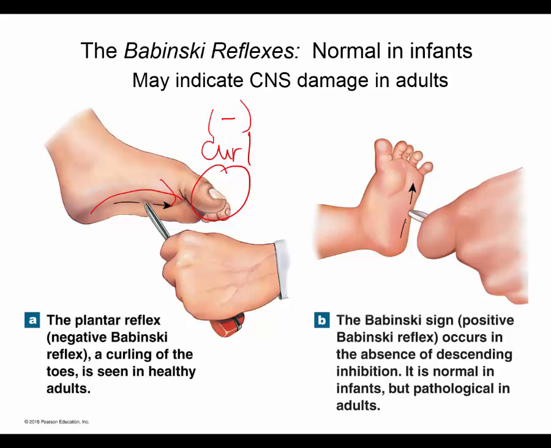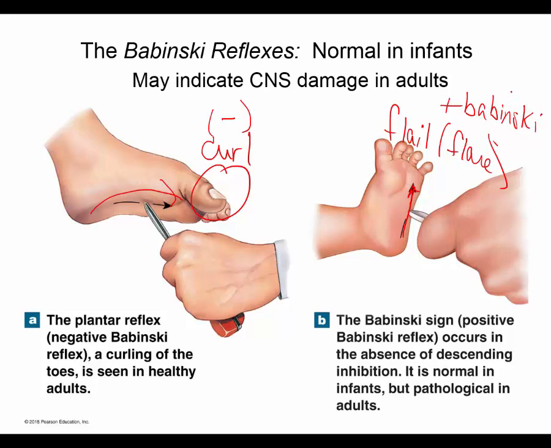Now, in a child, before they have properly developed descending motor tracts, when you do the Babinski on them, their toes flail or flare. And this is a positive Babinski. A positive Babinski is normal in a child.